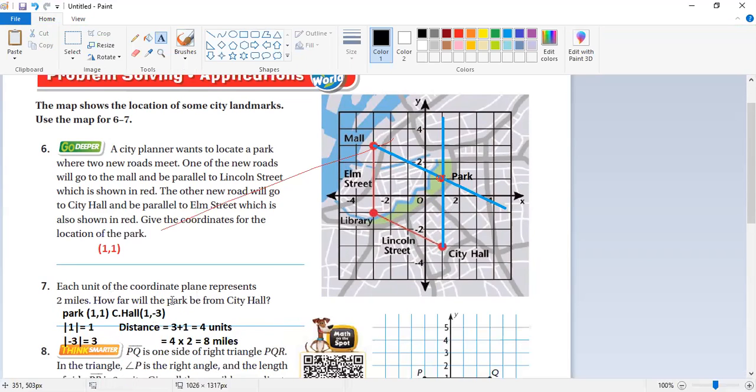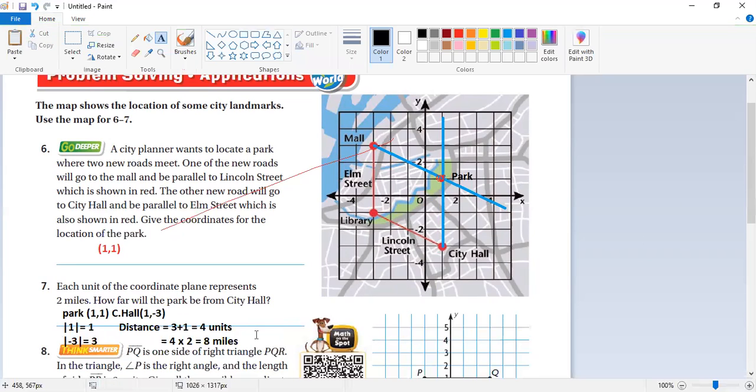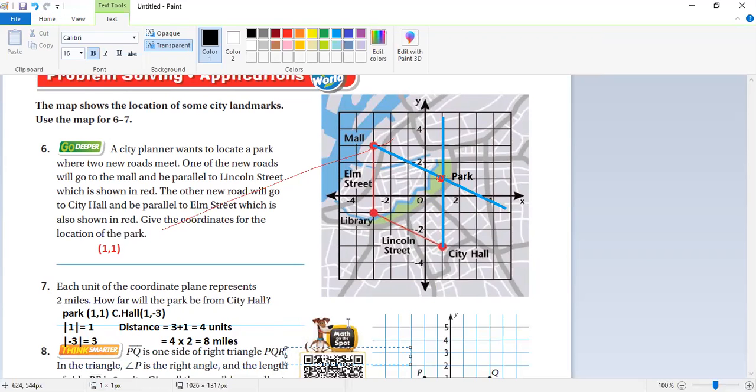It's the same when we used absolute values too. So all you need to do is concentrate on this part, 2 miles. They said each unit is for 2 miles. So from here to here, it's 2. Then here to here, it's 4. Here to here, it's 6. And then here to here, it's 8. So from park to City Hall, it is 8 miles. Okay, so let's quickly move on to the next question.